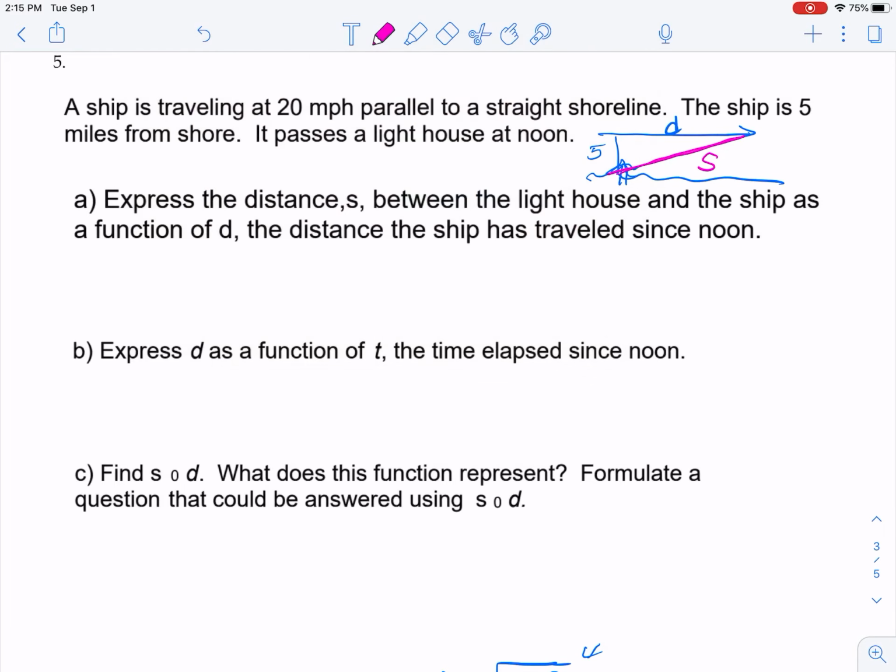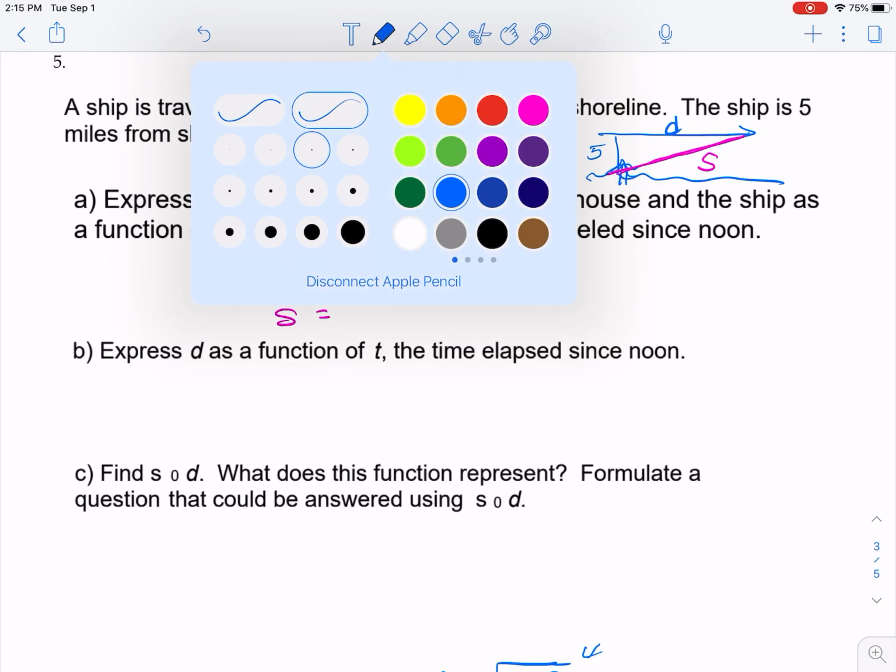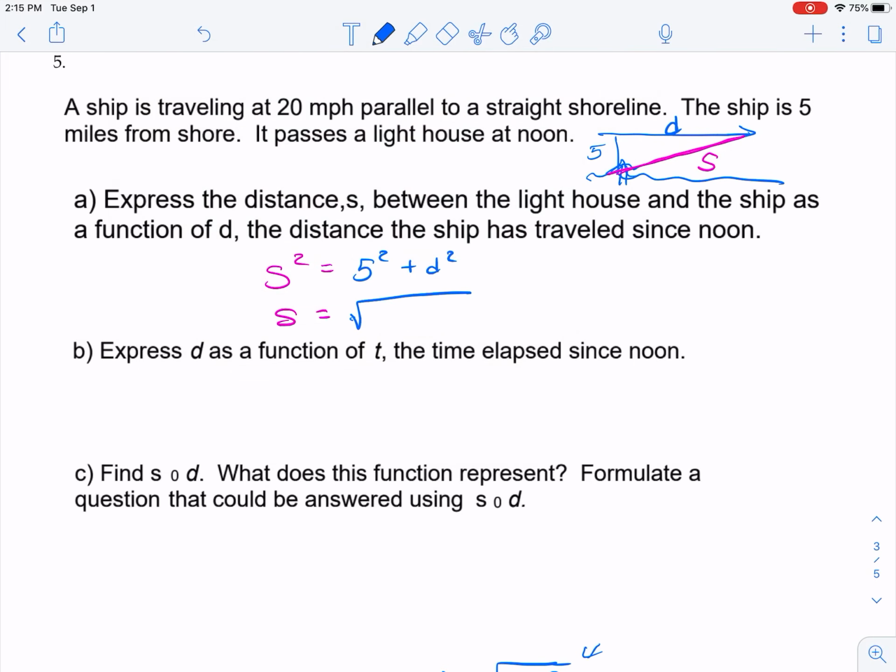Okay, so we know that s squared is equal to 5 squared plus d squared, or s is equal to the square root of 25 plus d squared. Then it asks us to express d as a function of time, the time elapsed since noon.